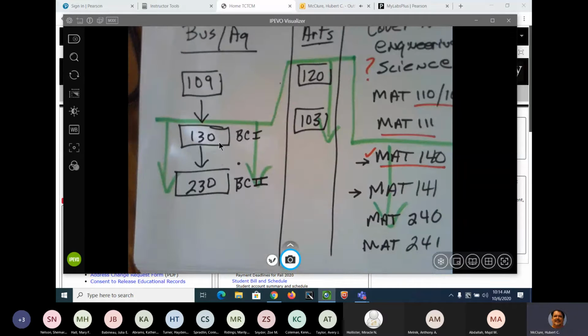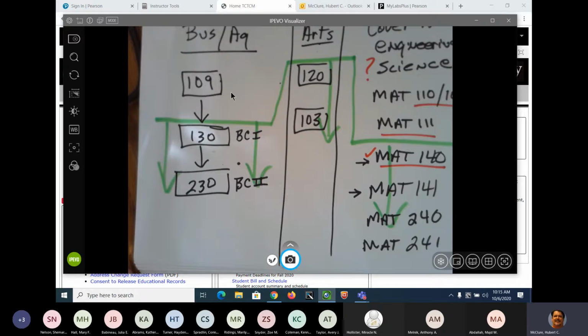So let me just put it to you this way. If you are 180% sure that you're going to be a business major and your grandfather started the accounting business in your home and you're going to be running it for the next 50 years, then you go with the 130, 230.